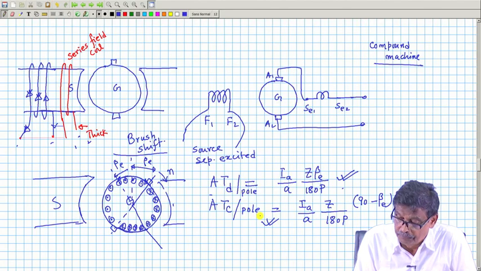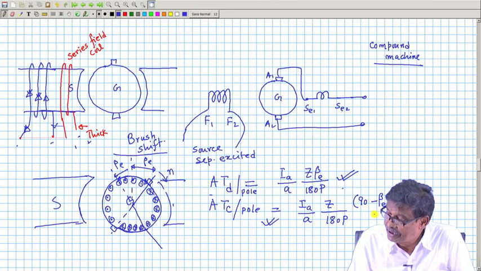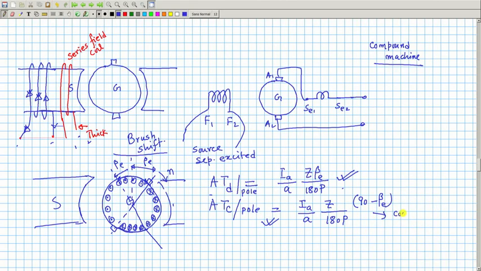ATC per pole can be compensated by the interpole alone, because it is not the full thing that will be left over. Earlier I was telling 70%. Now that 70% is taken care of by this.